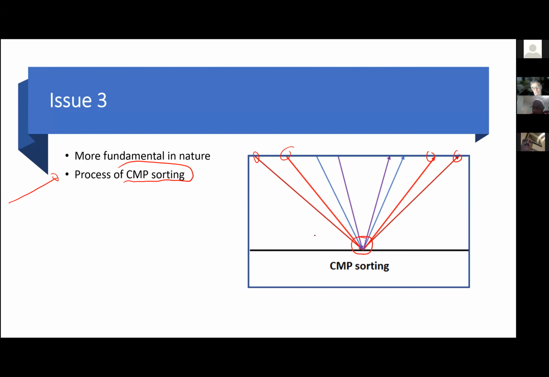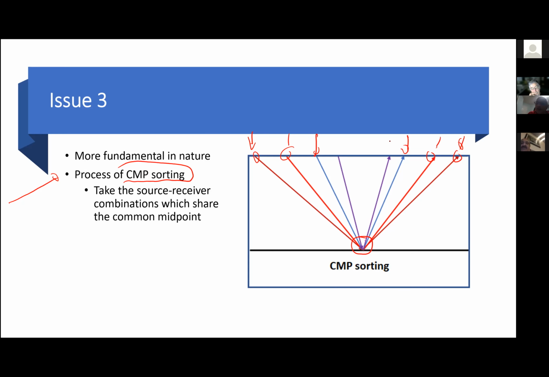That's exactly what the CMP sorting process is. But when you do the data acquisition, these pairs are shot at different times. They are not shot simultaneously.